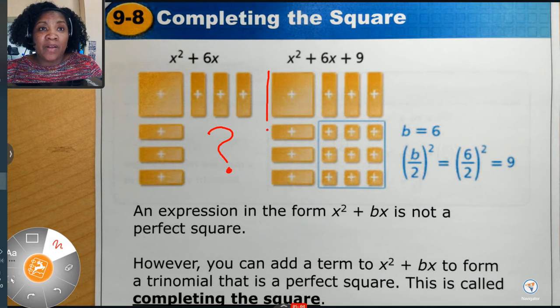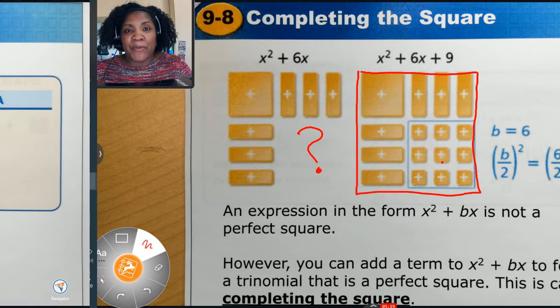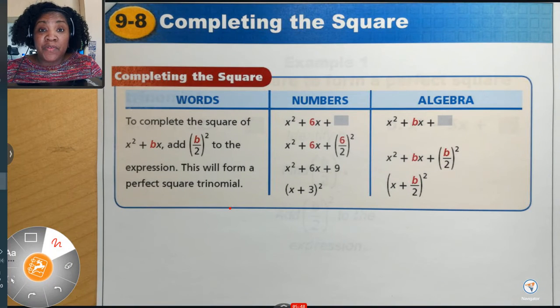Now our model is a perfect square. So that is the work that we have to do when we are completing the square. We need to figure out how many blocks need to be added to our model in order to make our shape a perfect square. How will we do this, you ask?